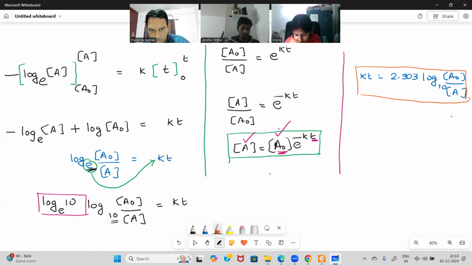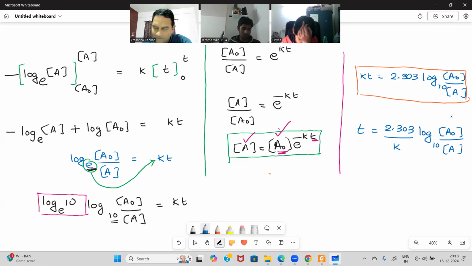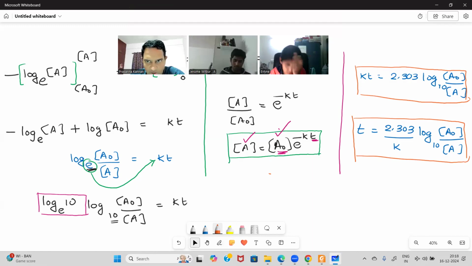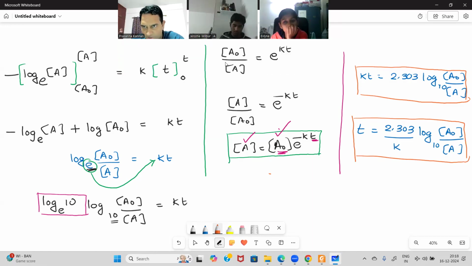From this, you can also find T or K. So T can be written as 2.303 divided by k, log of a naught by a. This is the integrated rate equation for your first order reaction. Very important question. I hope you have noted it down, or I'll give you a couple of minutes. Please go through it once. Let me know if you have some doubts.